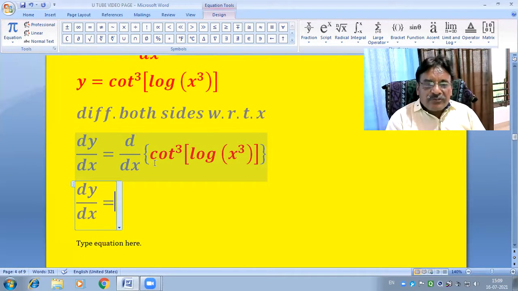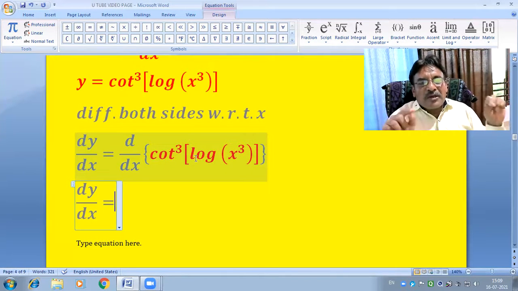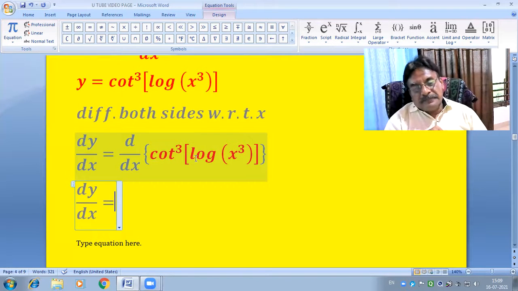So here we use a formula. This cot cube log x cube can be written as cot of log x cube, whole cube. And then we use the formula d/dx of f(x) to the power n is n f(x) to the power n minus 1 into f dash of x.